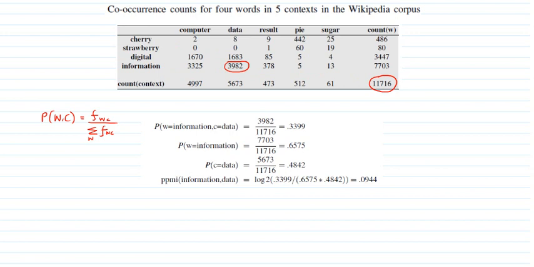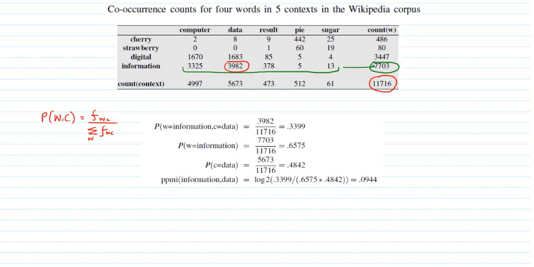Now P(W) is equal to information, that is for a single word. This can be calculated as P of W as information. So in this case we need to calculate all the occurrences or all the frequency of information. So the frequency of information is all these counts together, that is 7703 divided by total number of counts.